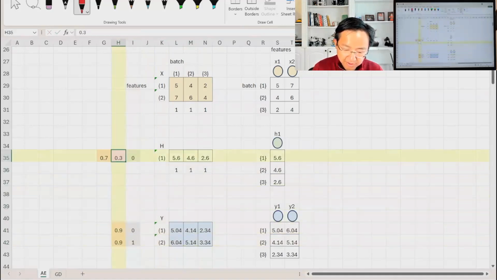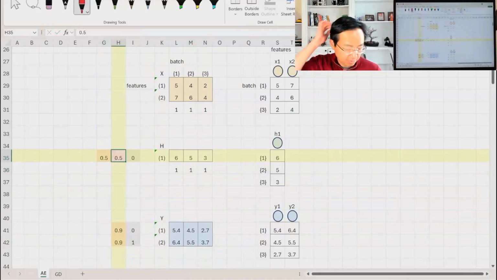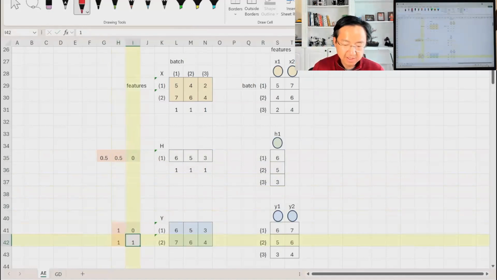But if I change this, am I making my output better or not? In fact, the real answer is 0, 0.5, 0, 0.5, because then it takes an average between the two numbers: 5 and 7 becomes 6. And then the real answer is 1 and 1, and then we have a bias of -1 over here and 1 over here.